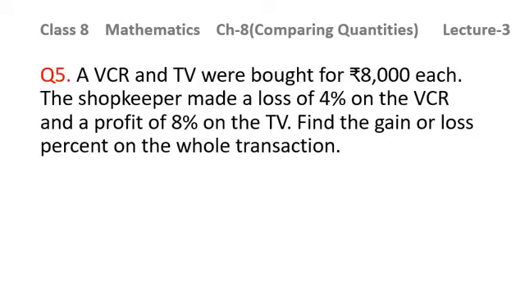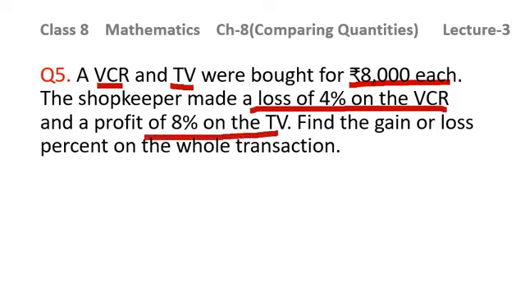So coming to question number 5, here a VCR and TV were bought for rupees 8000 each. VCR is basically a video cassette recorder, and they are being purchased for rupees 8000 each. The shopkeeper made a loss of 4% on the VCR and a profit of 8% on the TV. We need to find the gain or the loss percent on the whole transaction.